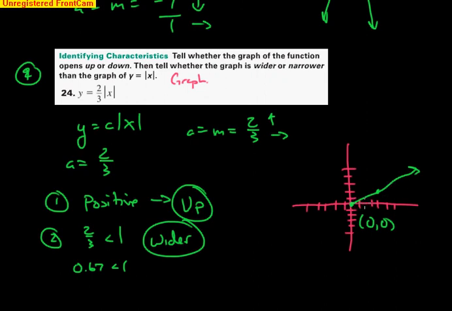There's this side. I want to label this point. That is the point 3, 2. Use symmetry. If 3, 2 is on the graph, then negative 3, 2 is also on the graph. Negative 3, 2. And there's the graph.